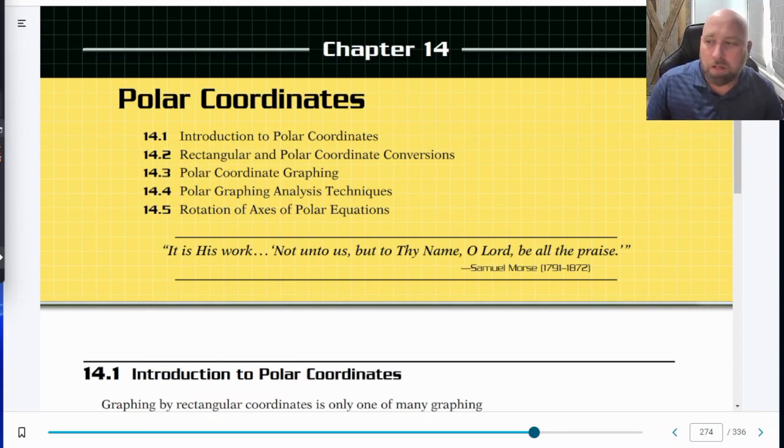What is his work? Well, Samuel Morse was a mathematician, scientist, and so the work that he was doing, he's saying, it's not my work. This discovery of these different things, when I'm doing this mathematics, it's not my work. So as you're doing your mathematics, as you're discovering new things, it's not about you.